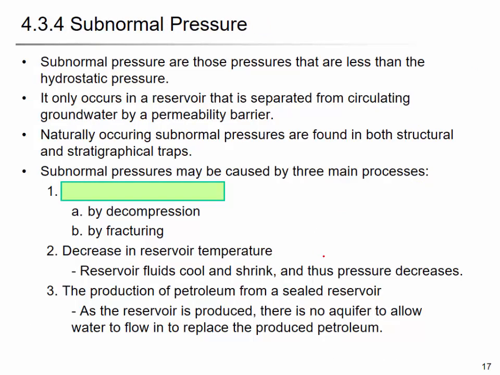Subnormal pressure is straightforward. It's the pressure less than the hydrostatic pressure. Subnormal pressure only occurs in a reservoir that is separate from the circulating groundwater by a permeability barrier.